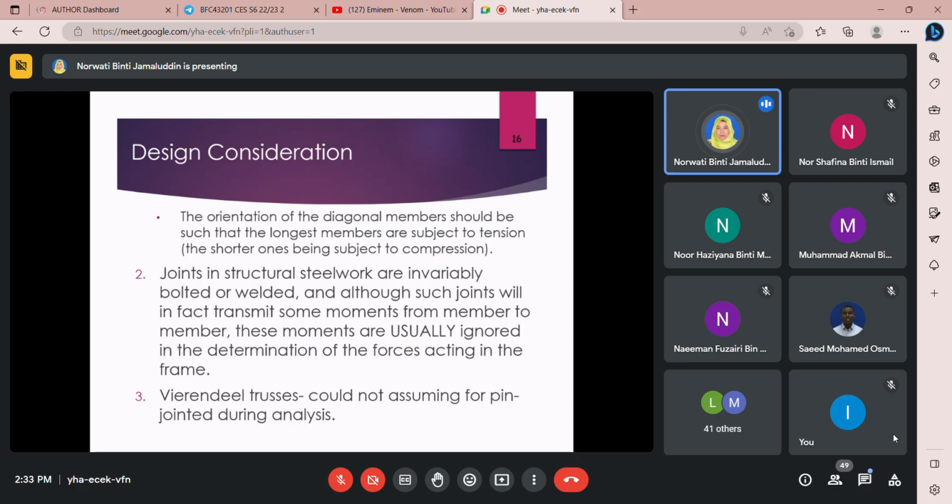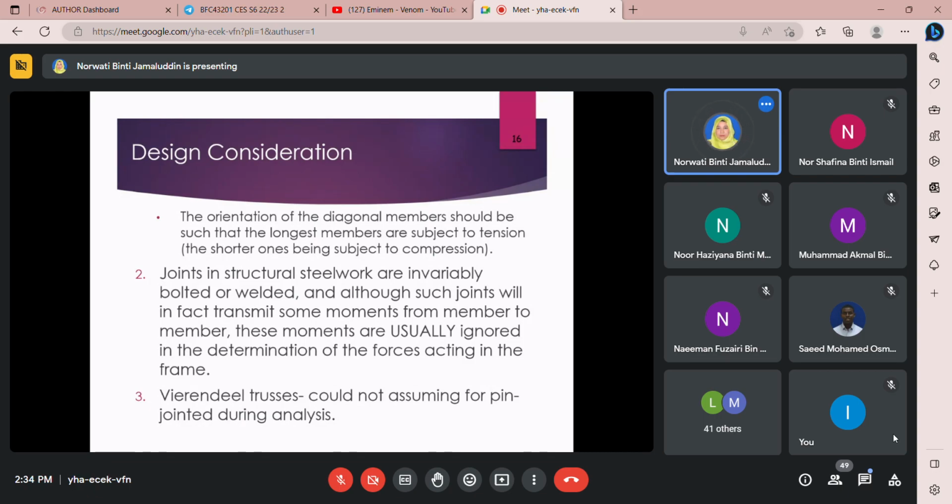But it will be easier if the process can be done at the workshop. Moment is usually ignored because normally we assume the joint is a pin joint.